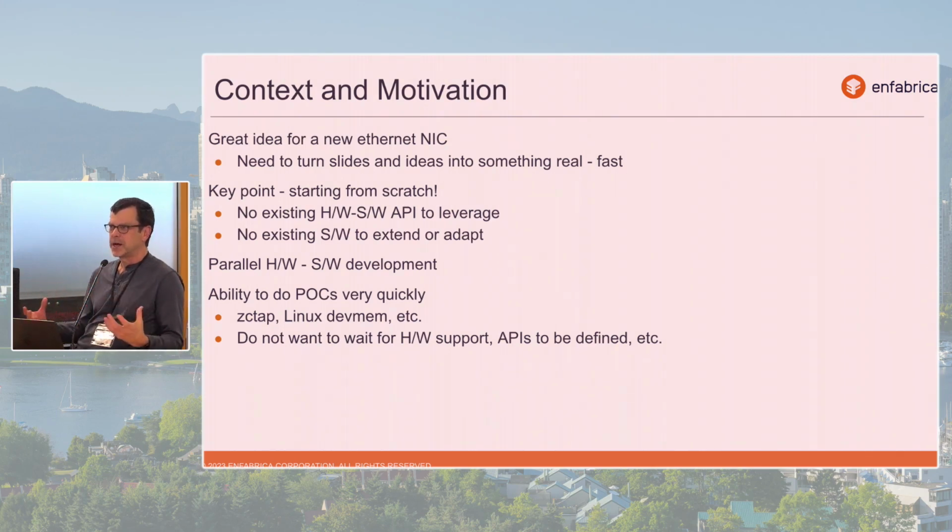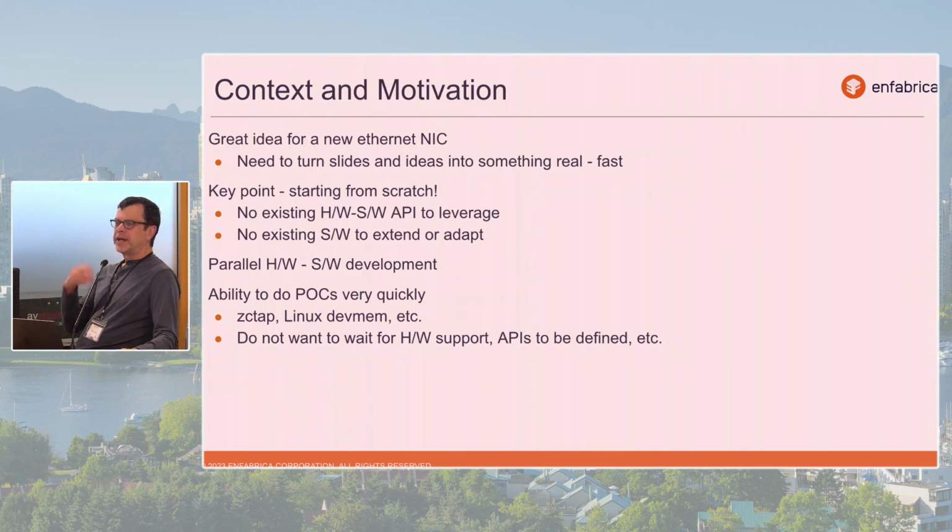And at the beginning of time, you have nothing defined there, right? You have no existing software to extend or adapt. You have no existing hardware software APIs, no descriptor definitions, no CSRs, nothing. But you want to get moving, and you want to be able to do this parallel hardware software development, okay?